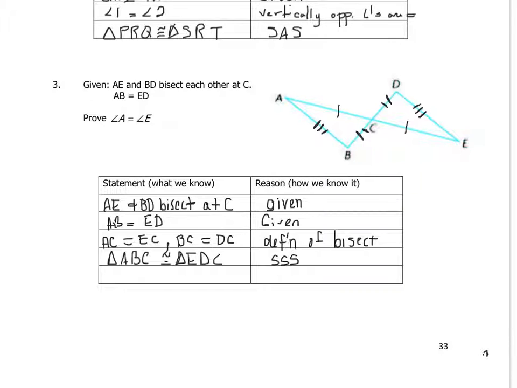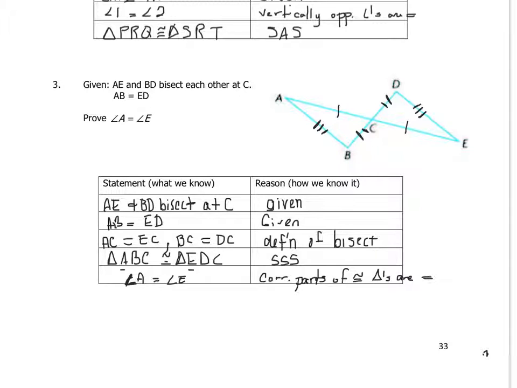And therefore, this time we're not finished yet because we had to prove that angle A equals angle E. But because we've proven that the triangles are congruent, A and E are corresponding angles in the triangles, meaning they're angles that match up with each other. Angle A has to equal angle E because they are corresponding parts of congruent triangles.